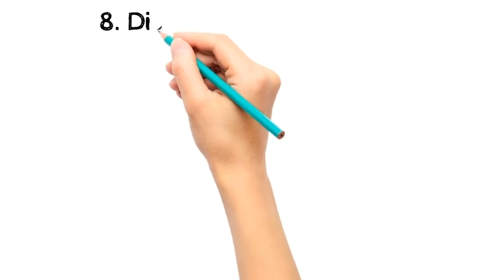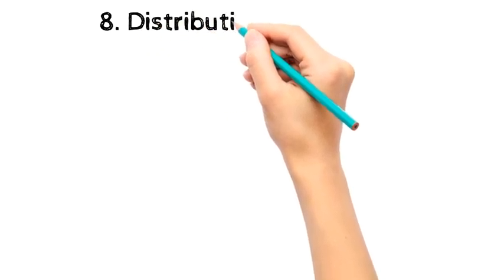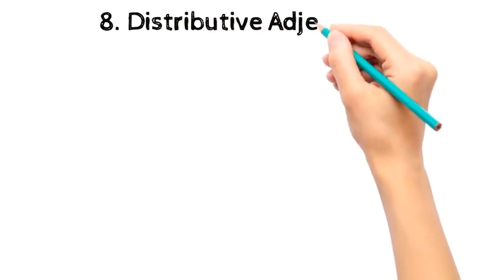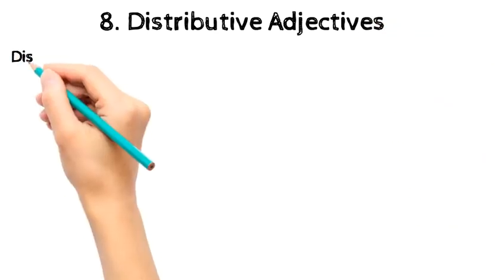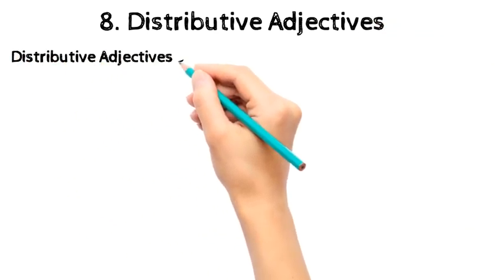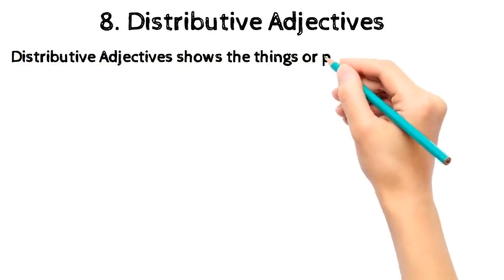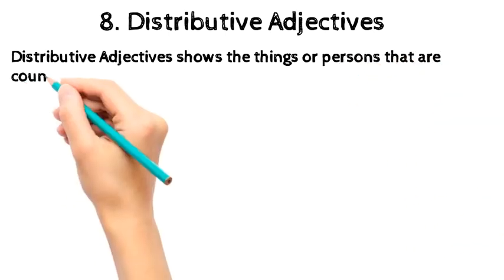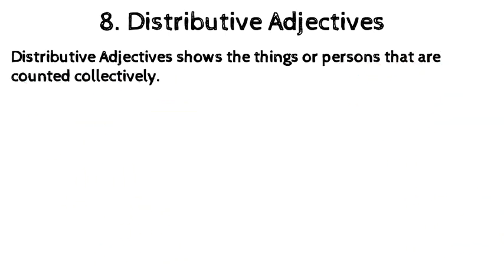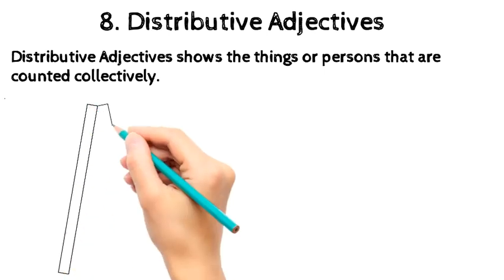And now let's come to our last one, and that is distributive adjectives. Distributive adjectives show the things or persons that are counted collectively. In simple sense, they are counted as a whole.